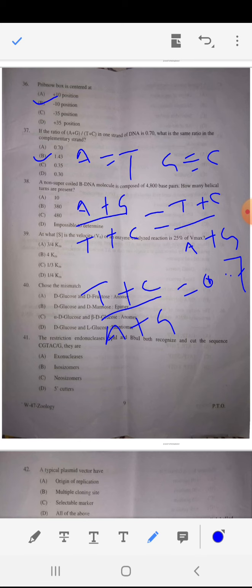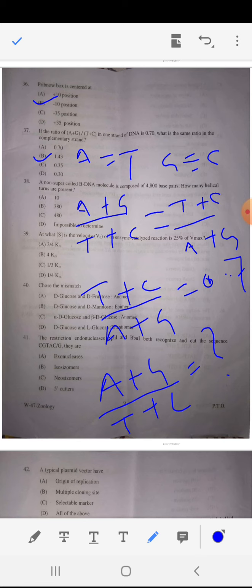But the question asks what the ratio of purine by pyrimidine is in the complementary strand, that is A plus G by T plus C. So by taking the reciprocal of this ratio, T plus C by A plus G being 0.7, we can get the ratio of purine by pyrimidine.